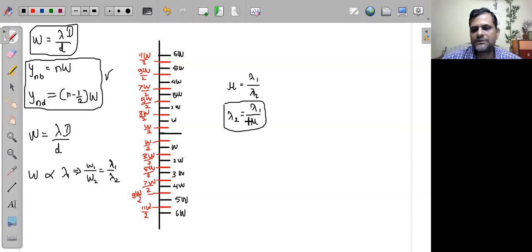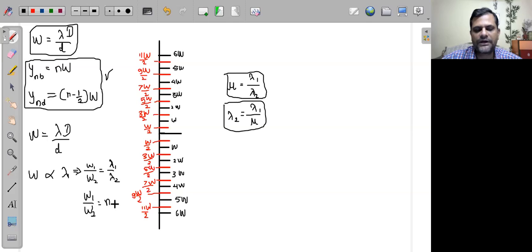Once we get the ratio of wavelengths lambda 1 upon lambda 2 to be equal to the refractive index, then the ratio of wavelength is going to be the same as the ratio of bandwidth also. So W1 upon W2 is going to be lambda 1 upon lambda 2, which is the same as mu here. Mu means refractive index, and we can also denote it by n, as it is in the textbook.